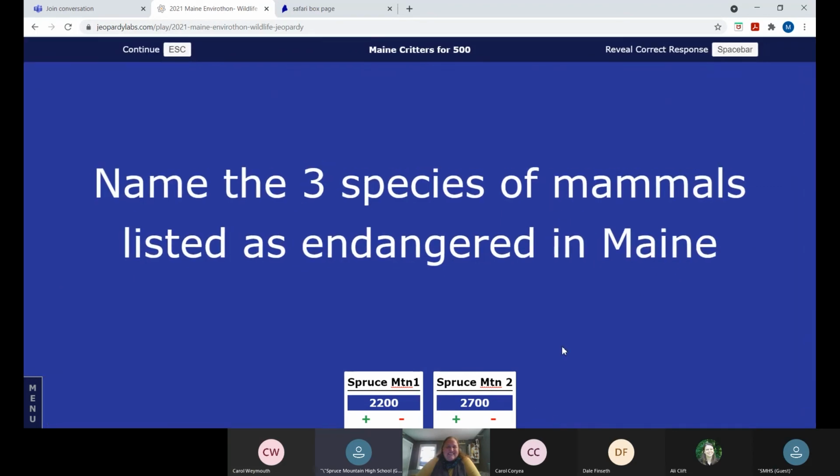All right, so this one's: what are the 3 species of mammals that are listed as endangered in Maine? Lynx. I think I should clarify that they're Maine endangered on the state listing. So there's the Eastern Cottontail, right?